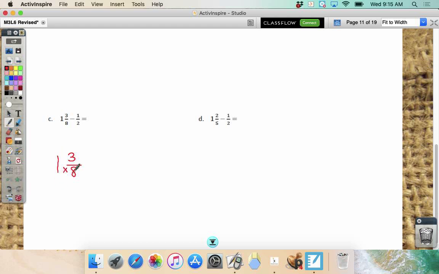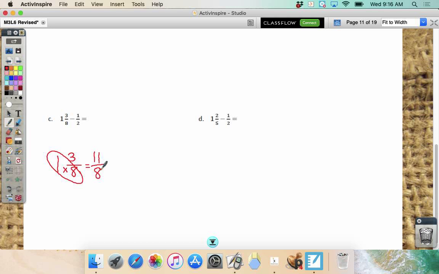I can take 1 times 8 right here. In fact, sometimes we even circled it. Okay? So put your little multiplication sign there. Circle it if you think it's going to help you. So 1 times 8 is 8 plus 3, so 11/8. Okay, so that's a little trick.